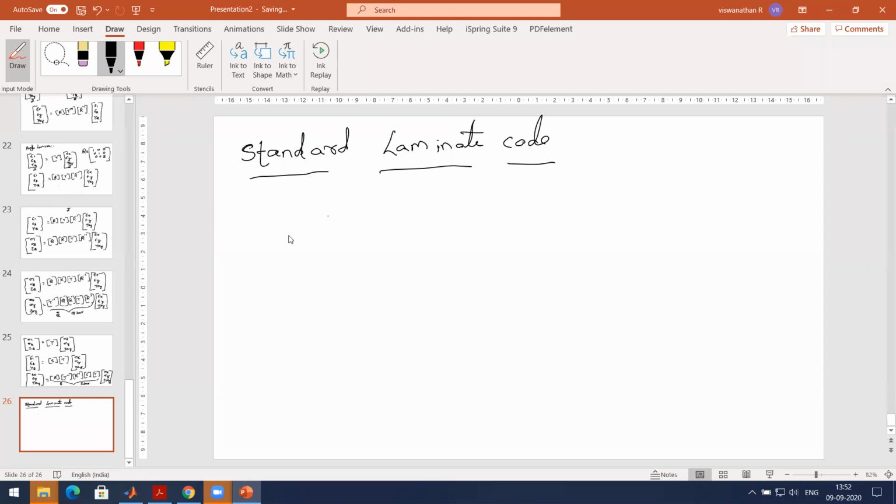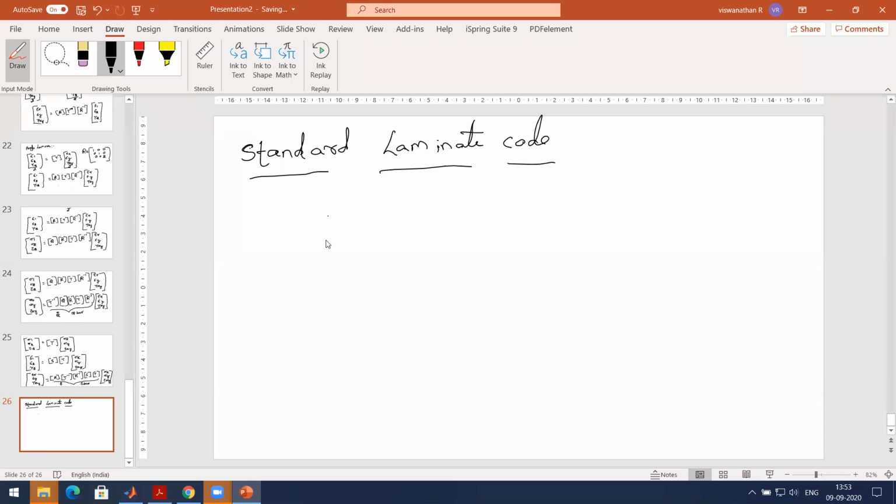How is this laminate made? You have one layer, then you apply the matrix, then put another fiber layer, apply another layer of matrix, then put another fiber. That's how a laminate is prepared.